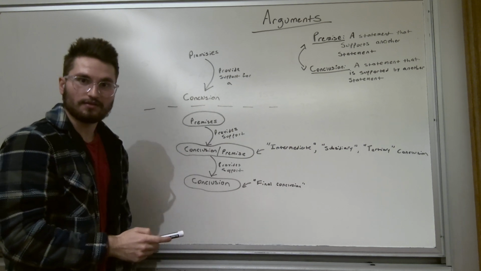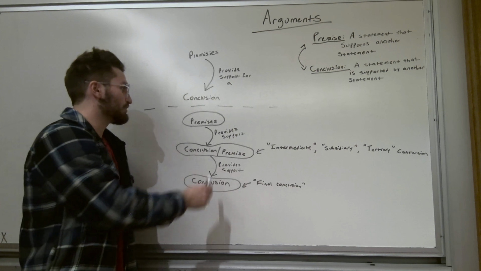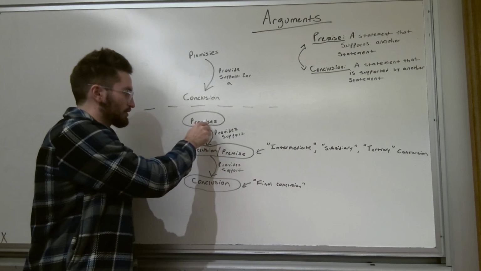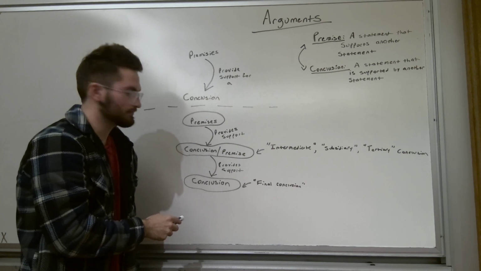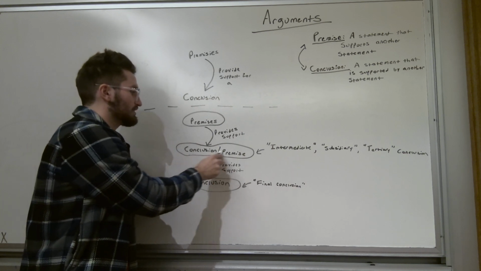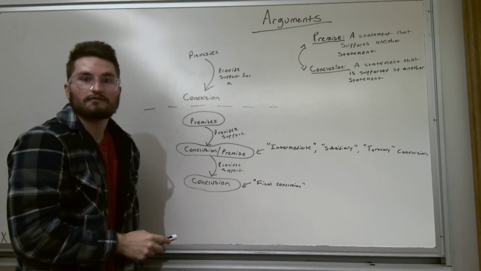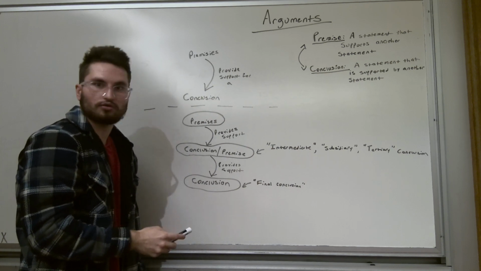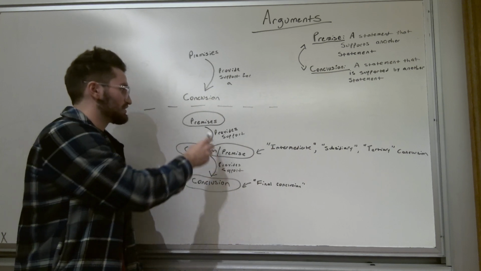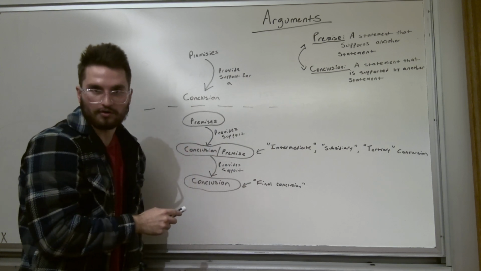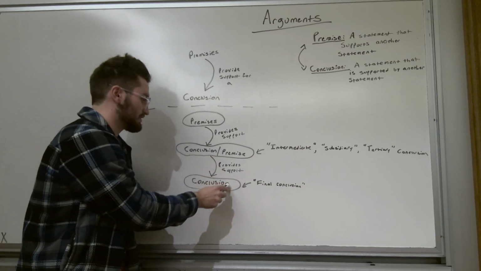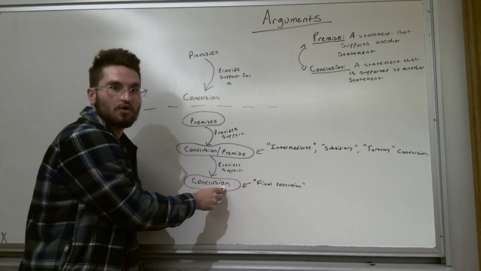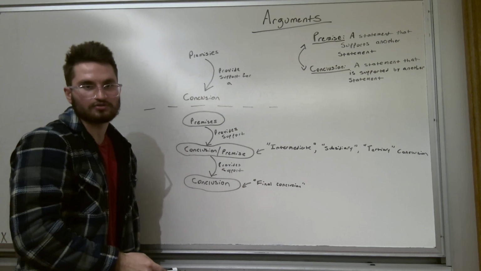And the funny thing here is that when you have a conclusion that is both supported by premises and serves to support another conclusion, that intermediary statement functionally serves as both a conclusion and a premise. It's a conclusion in the manner that it's supported by other statements, and it's a premise in the manner that it provides support for other statements, or in this case, the final conclusion.